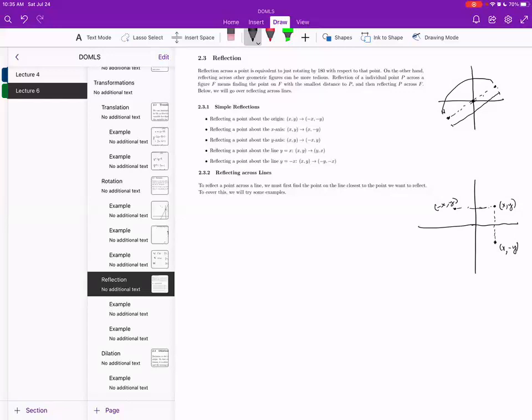So now, what if we want to reflect about the line y equals x? This is an interesting transformation, and it's not very tedious.